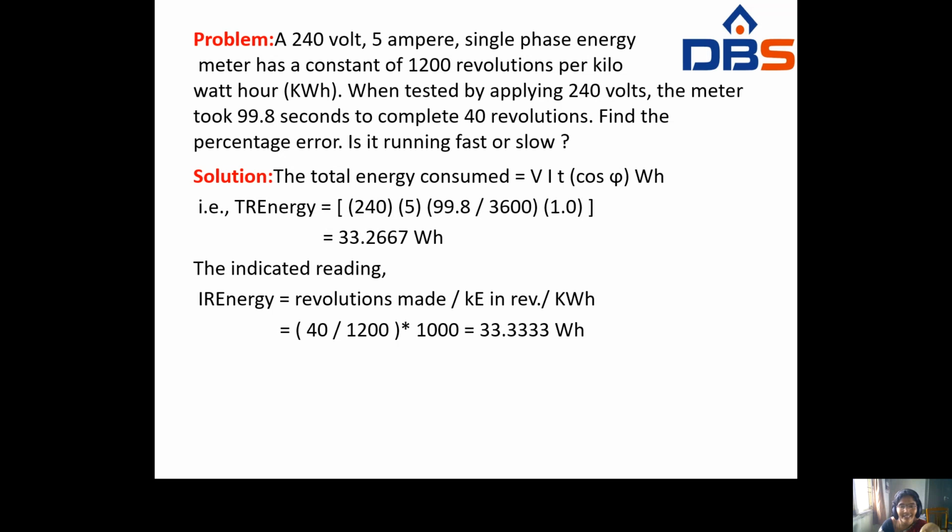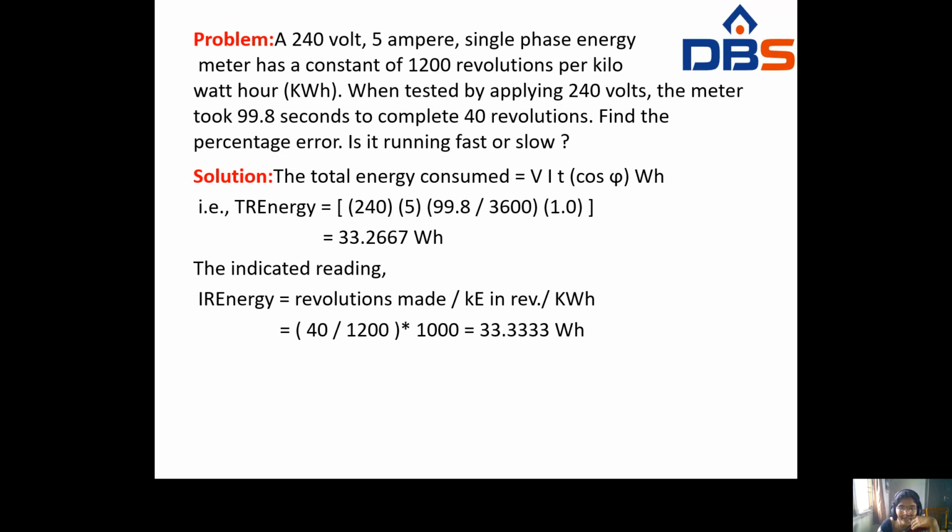When tested by applying 240 volts, the energy meter took how much time? 98.9 seconds to complete the 40 revolutions. The total energy consumed formula is VIt cos phi, that means P into t.